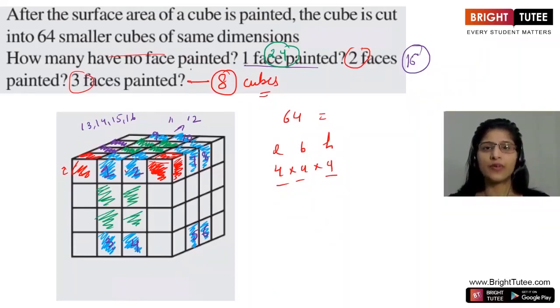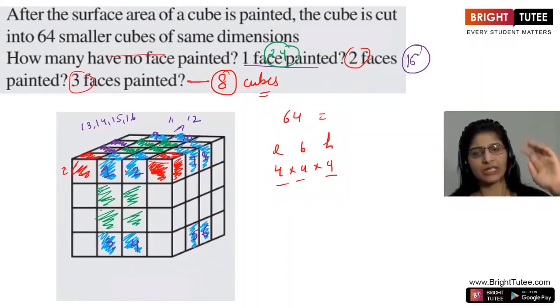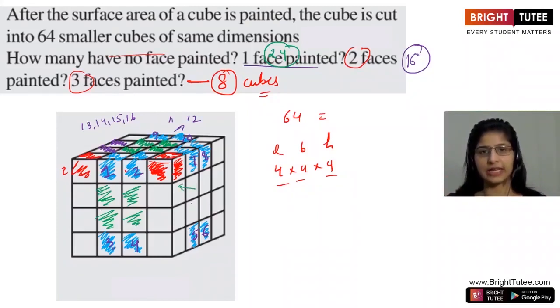Now comes no face painted, right? So no face painted means that of all the 6 faces, none are painted. Now top and bottom, just leave those layers. Talk about the 2 between layers, the cubes that are inside this, right? There are 4 cubes on one and 4 cubes on the second one. You get that?